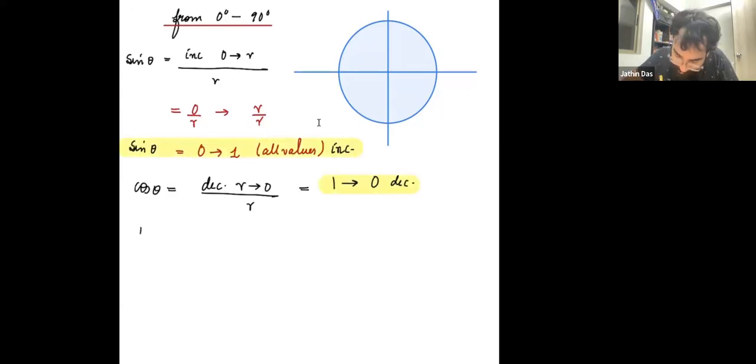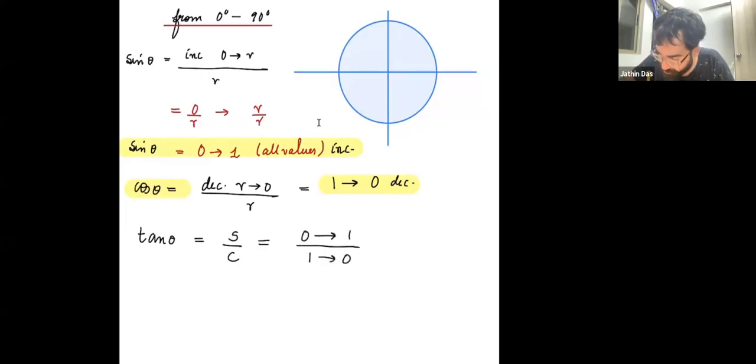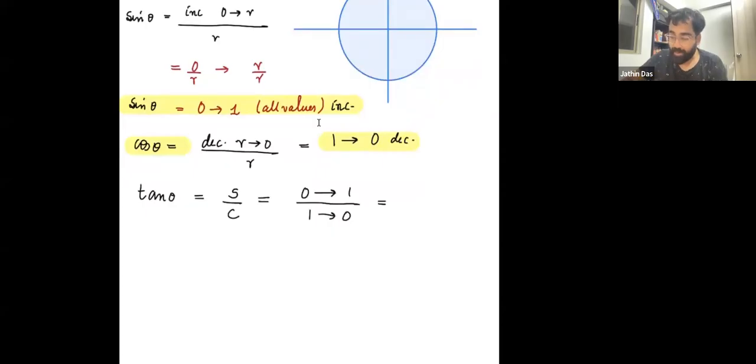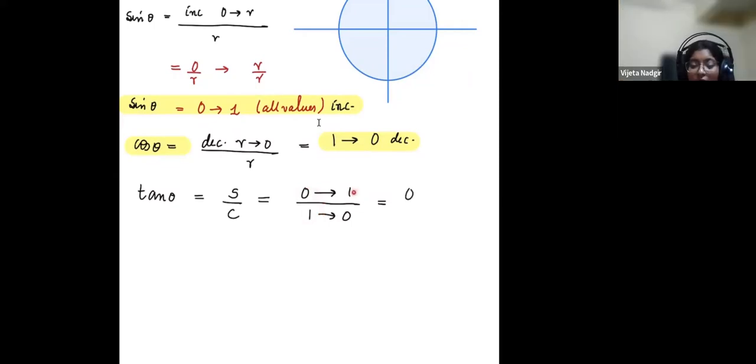Now let us see about tan. Tan is sine upon cos. Now sine is going from 0 to 1 and cos is going from 1 to 0. Think first: the ratio is 0 by 1, that is 0. Now here it is 1 upon 0.